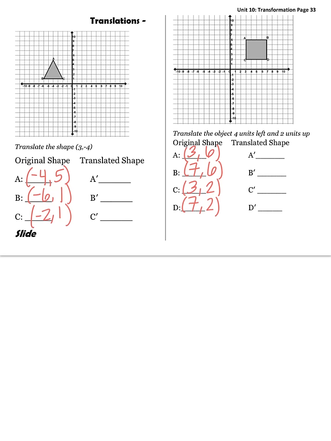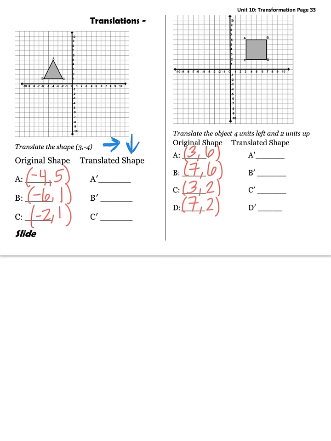Okay, let's try these two examples. Okay, so we're translating the shape, this triangle here, ABC, 3, negative 4. Sometimes I like to give myself arrows. So I'm going right 3 toward positives and down 4.